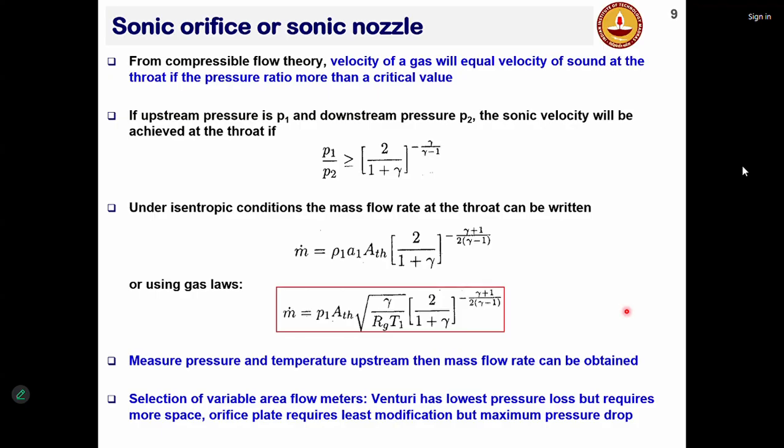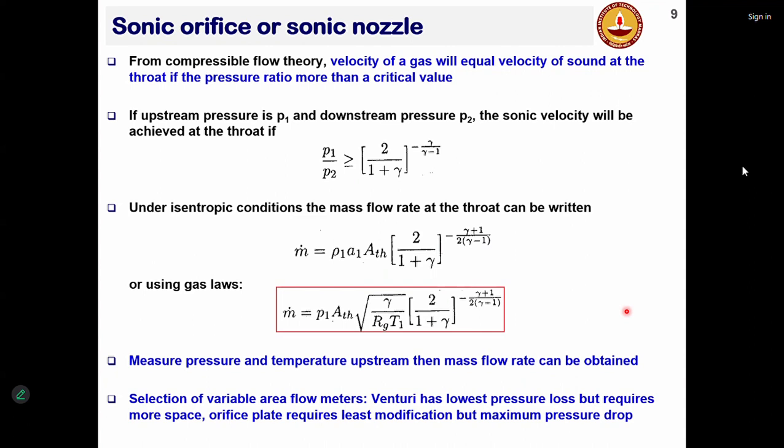In various processes, you may need very high gas pressure for different chemical applications, or maybe some kind of application where, propulsion also? Yeah, you can also use it for propulsion applications.